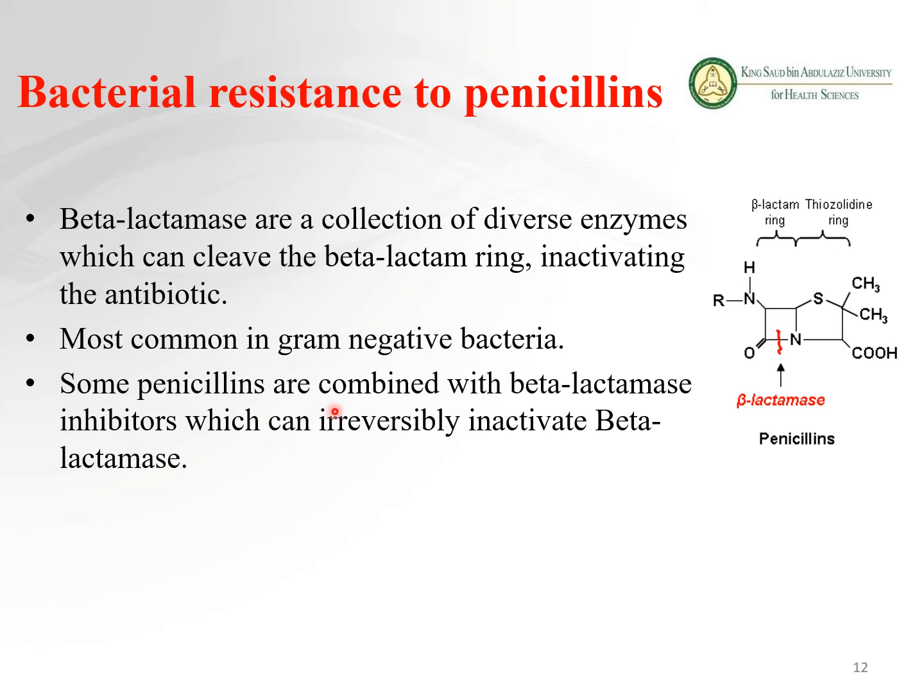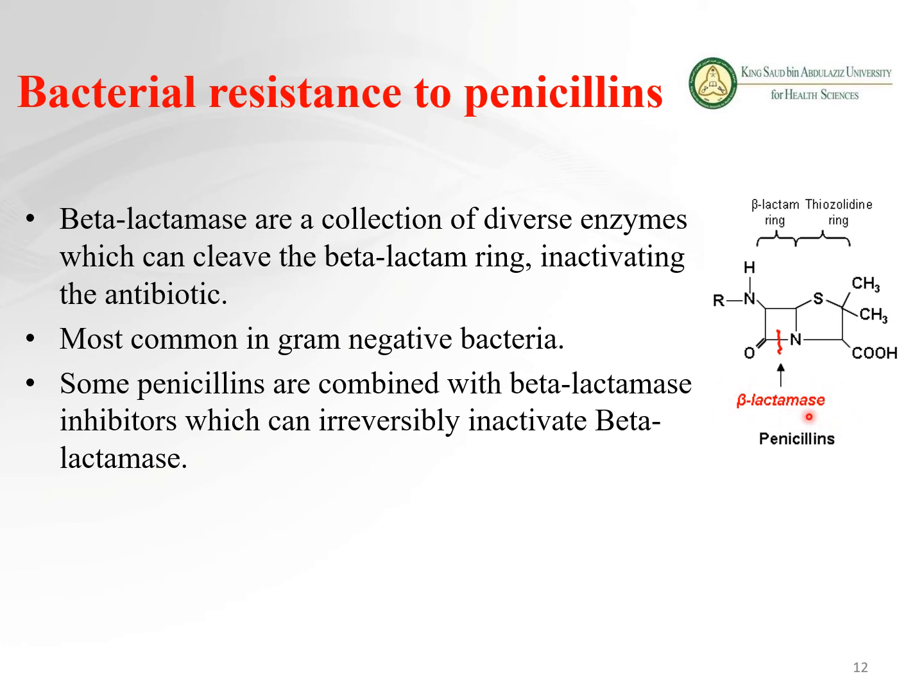Some penicillins are combined with beta-lactamase inhibitors, which can irreversibly inactivate the beta-lactamases. So in order to inhibit the production or the action of these beta-lactamases, some penicillins are combined with drugs which inactivate this beta-lactamase.